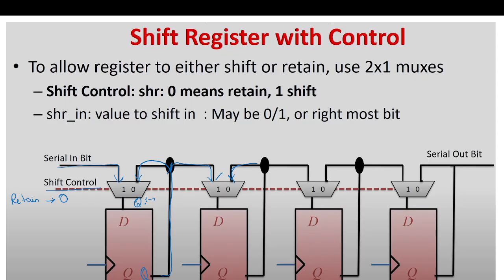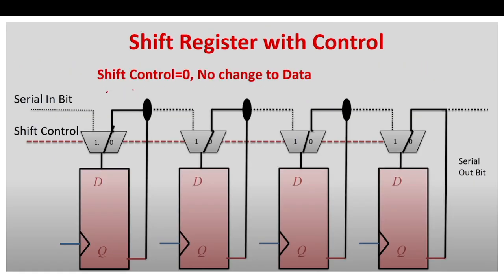So we have a serial control. If it is 0, then the output remains in the same state, like it's storing, and if it is 1, then it performs a 1-bit shift. If it is 0, we observe that there is a feedback from the output to the input, so it retains the previous state and there is no shifting connection.